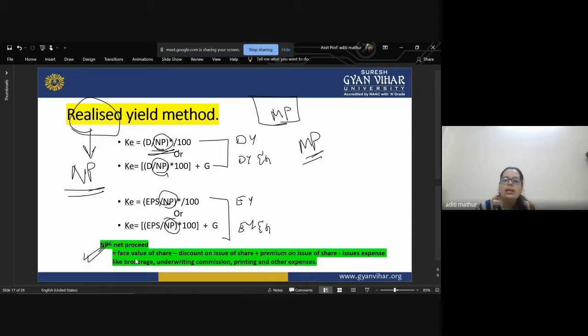Net proceed is equal to face value plus premium amount if any, minus dividend amount if any, minus all the expenses which will be a part of your brokerage commissions, your printing and other expenses. And the rest of the formula is the same, and you will get your KE.